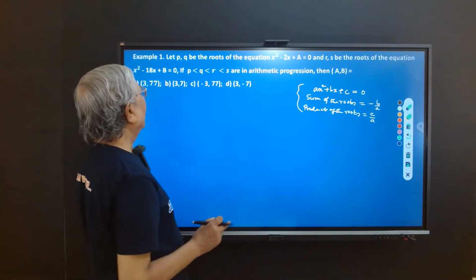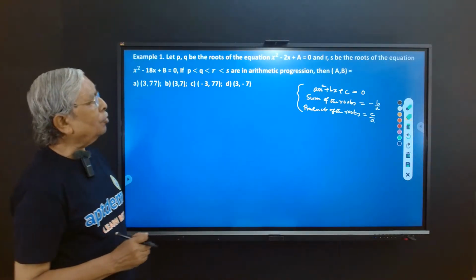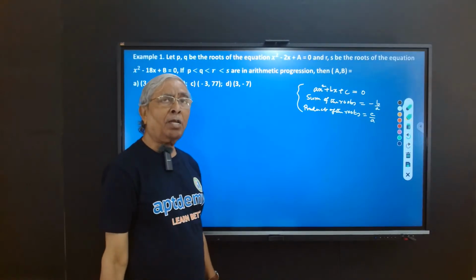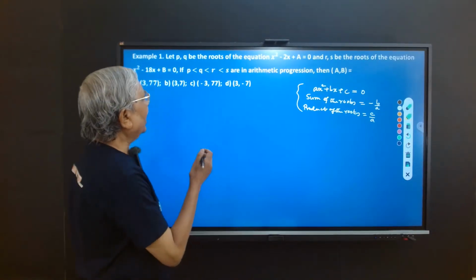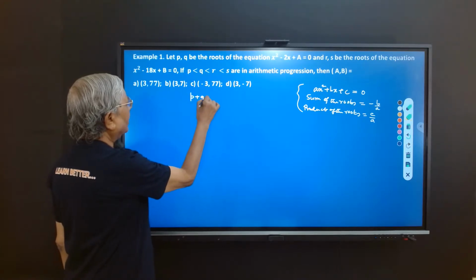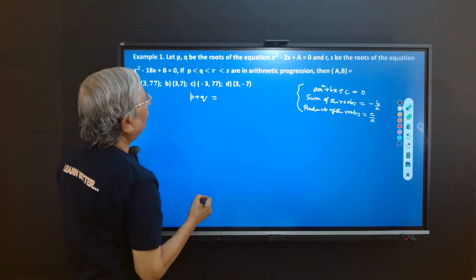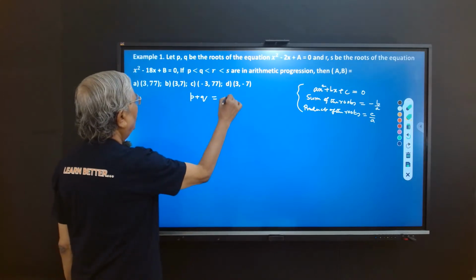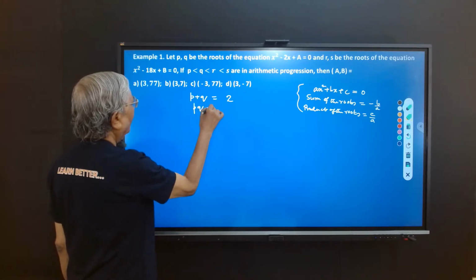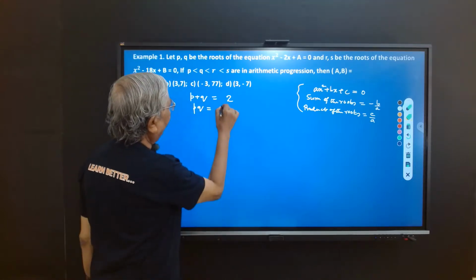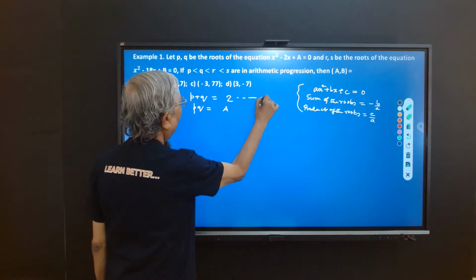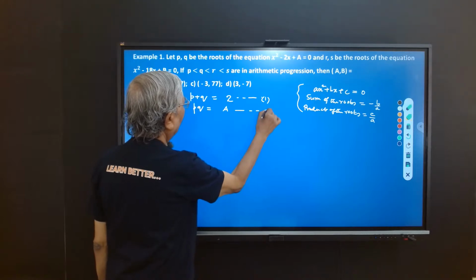Now what we are given: p and q are the roots of the equation x squared minus 2x plus a equals 0. At once we can write p plus q equals 2 and pq is equal to a. This is equation number 1 and this is equation number 2.